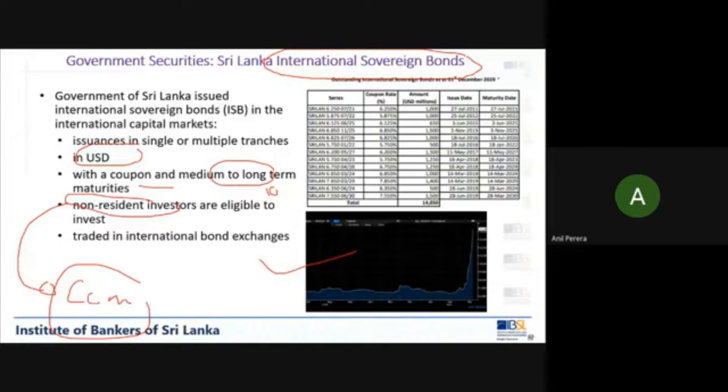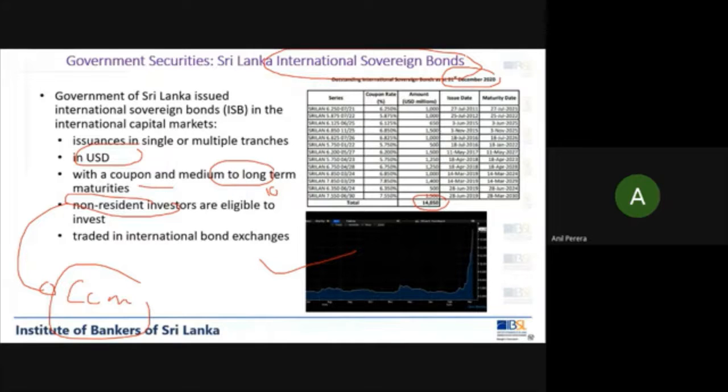So in this table, we have all these outstanding bonds that we have, right? Issue dates are given here. Altogether, the outstanding value we have issued up to now is around $14 billion. It's a substantial amount, and some of these bonds are maturing this year, next year, right? These are the issued amounts.